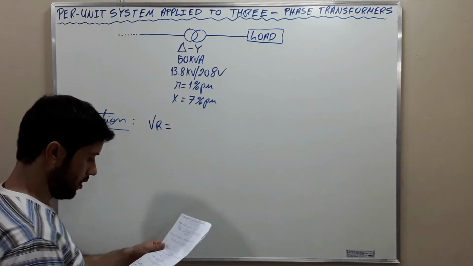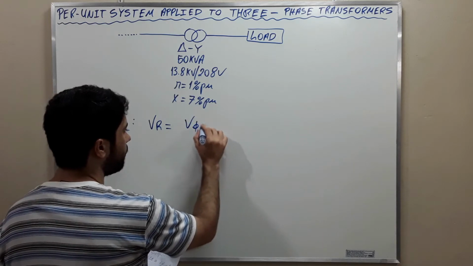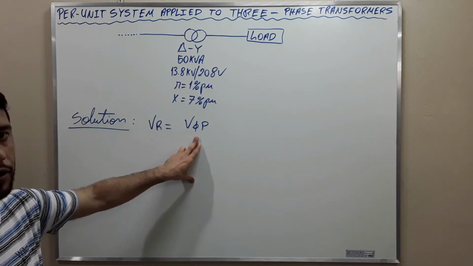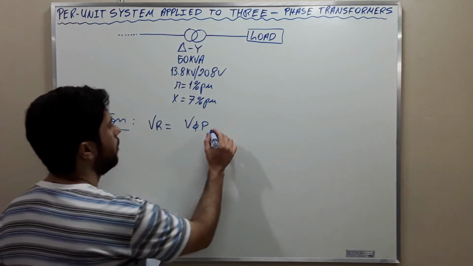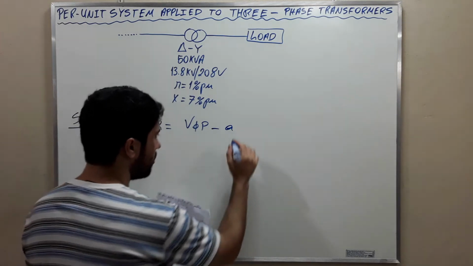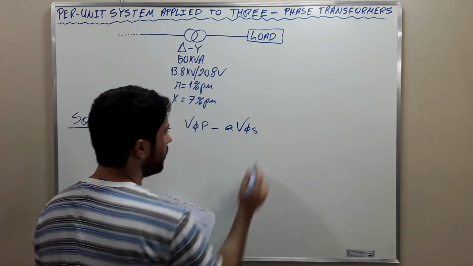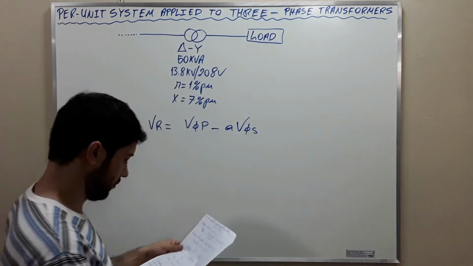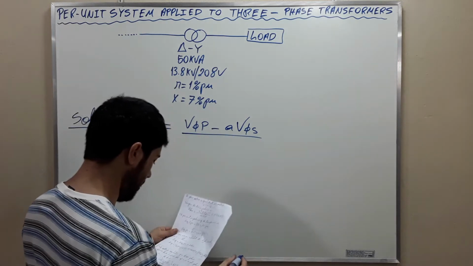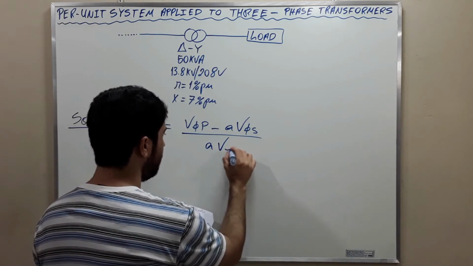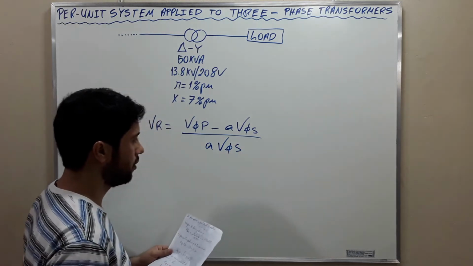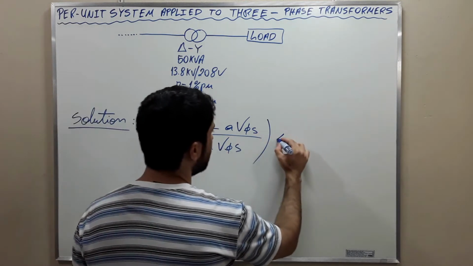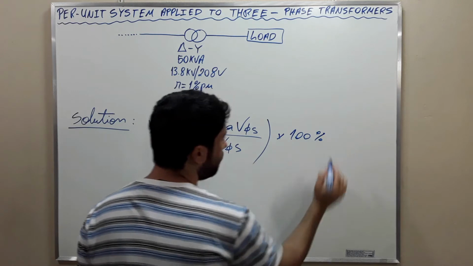Voltage regulation is equal to the phase voltage of the primary side of the transformer minus A times the phase voltage of the secondary side, divided by A times the phase voltage of the secondary, times 100%.